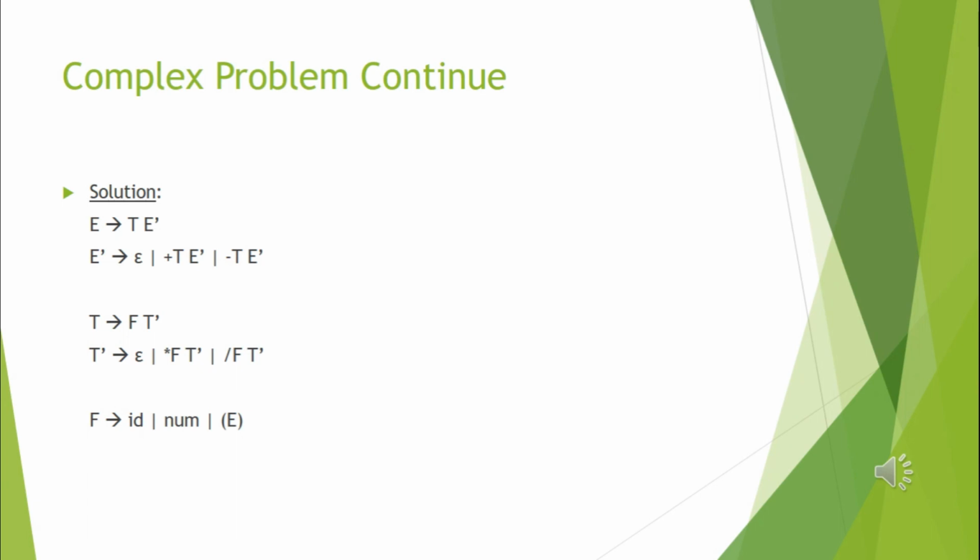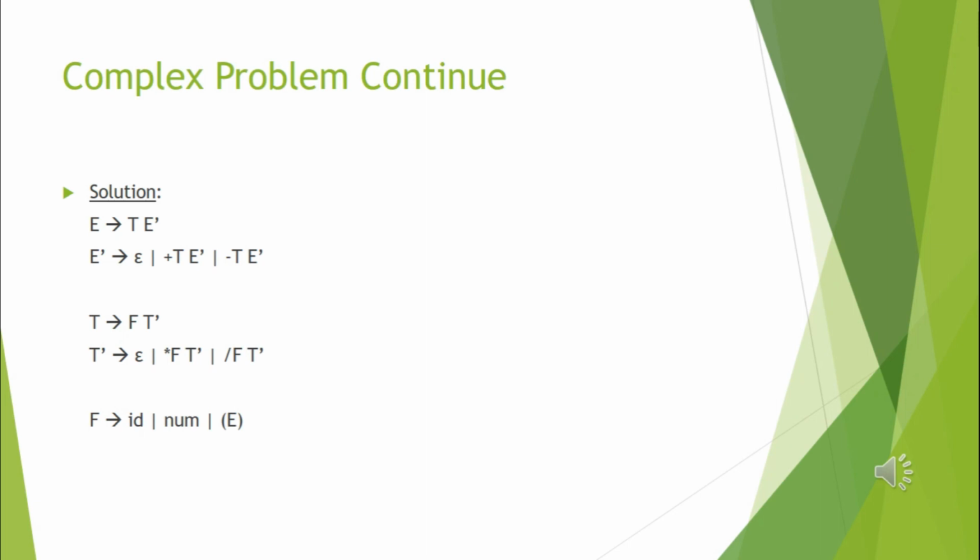Similarly, for the T, we know the alpha and beta in the above slide. Therefore, T goes to F T prime, where F is the beta value and T prime is the element which is removing left recursion. T prime goes to epsilon, or asterisk F T prime, or slash F T prime.